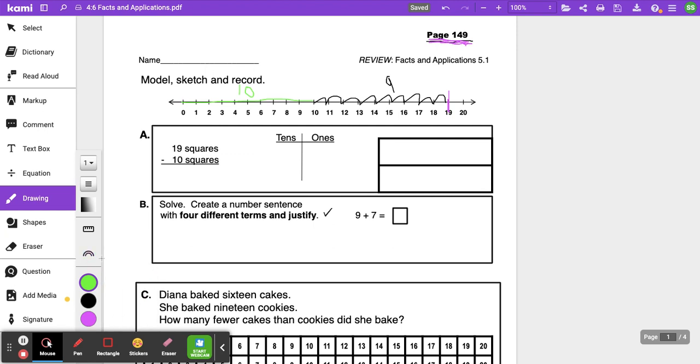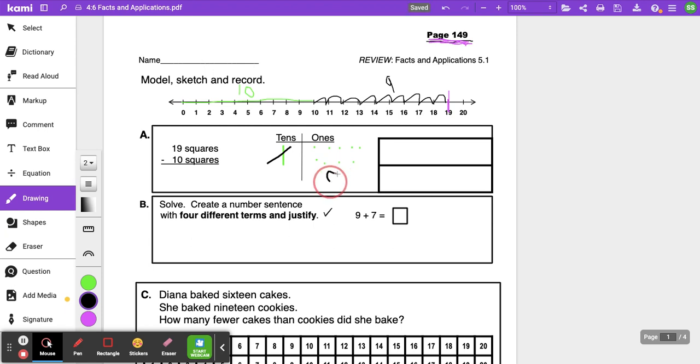I can also show that here in my place value chart by drawing 19, which is 1 ten and 9 ones. If I take away 10, that's 0 ones and 1 ten. What am I left with?